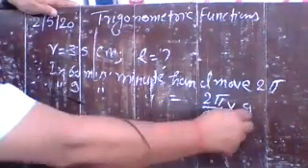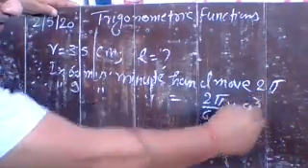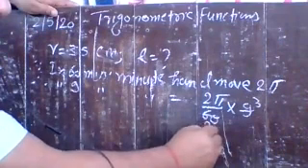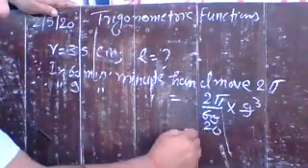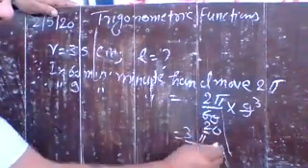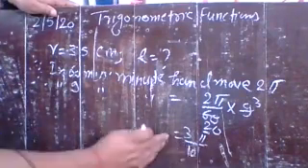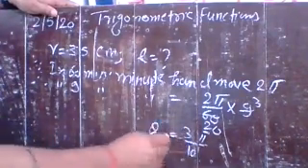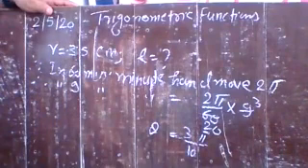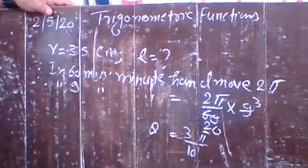Simplifying it, 3 threes are 9, and here you have 20. So 3 pi by 10 radian, and that gives the value of theta. 3 pi by 10 radian is the value of theta which we make in 9 minutes.